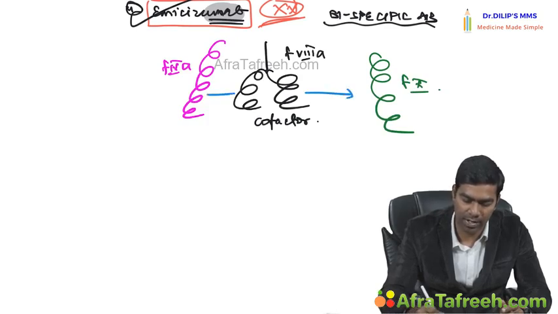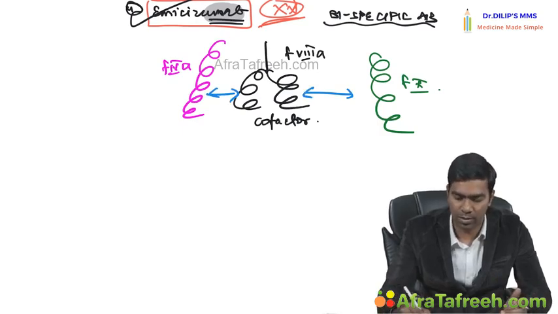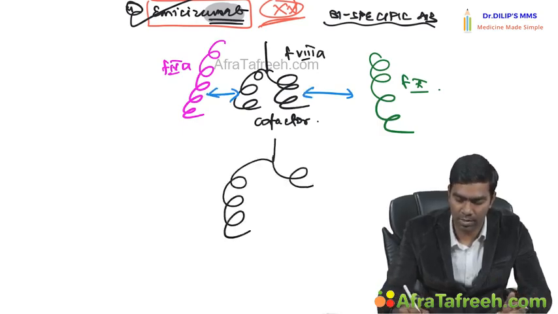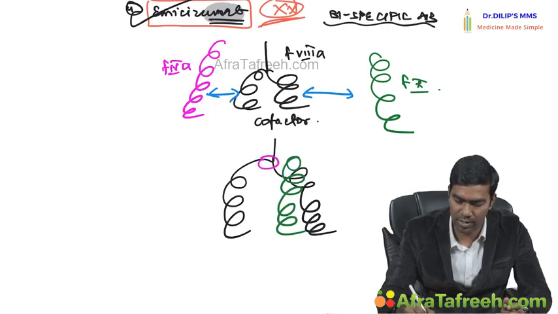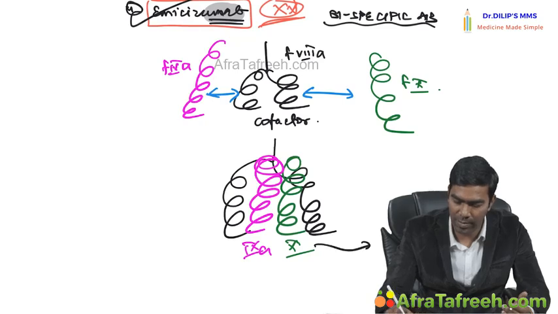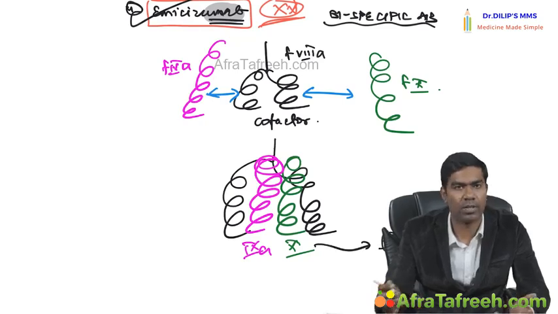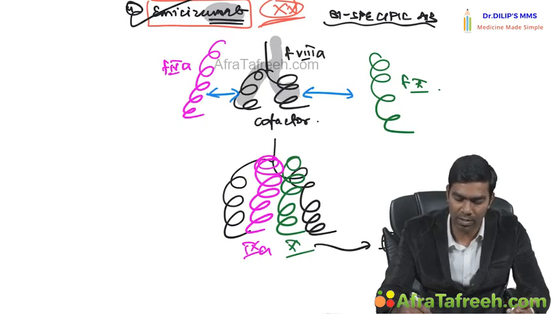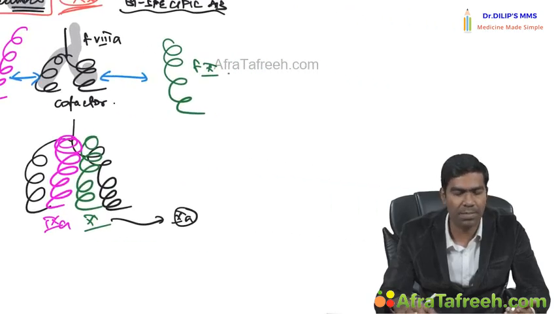Activated factor 8 brings these factors together and forms a scaffolding like this, bringing factor 9A and factor 10 together, forming the basis of the reaction site. Now only factor 10 will become activated because of this reaction, which means factor 8 acts as a cofactor. This is what we use in the emicizumab mechanism.